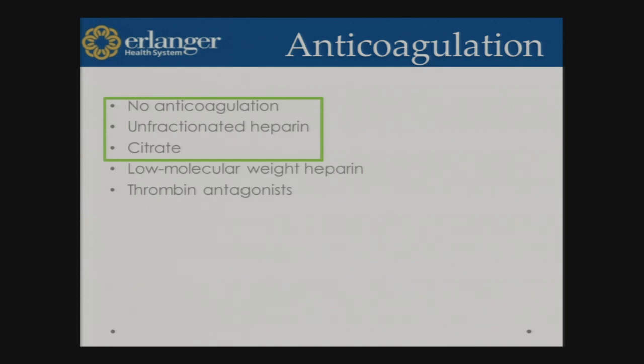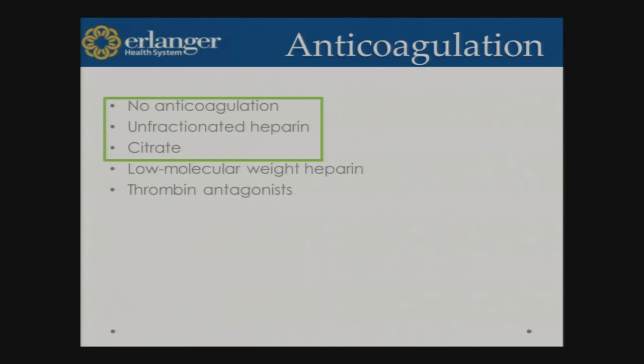We do not use low molecular weight heparins for anticoagulating our circuit here, but it is done elsewhere. And then thrombin antagonists, like argatroban, can be used if your patient has HIT. But the three methods that we go with here at Erlanger are either no anticoagulation, heparin, or citrate.